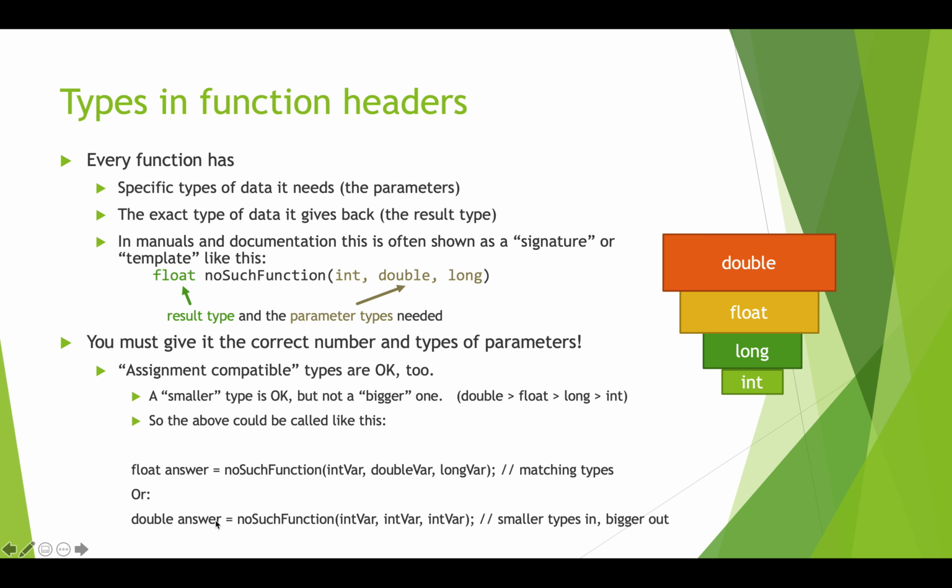And then for the result type, this is going to return a float, and we can put a float into something that we've defined as a double, because float is smaller and float can be automatically converted to the bigger type, the double. So this would also work. Even though these types don't exactly match, the conversion is a widening conversion here from the int to the double and the long, and the conversion of what this returns, a float, is a widening conversion to put it into a double result.